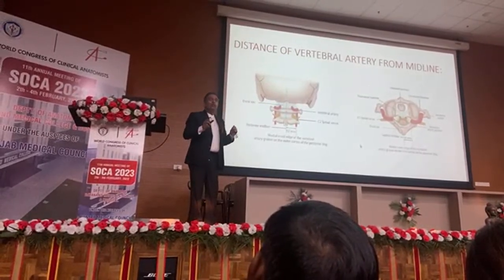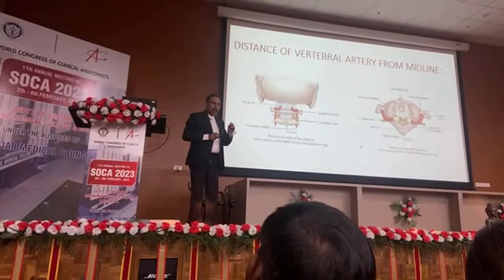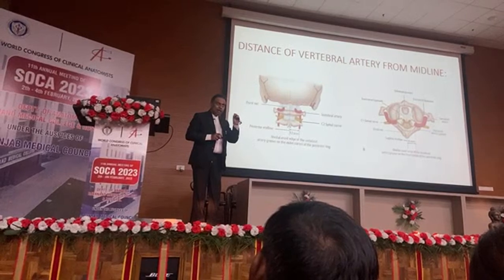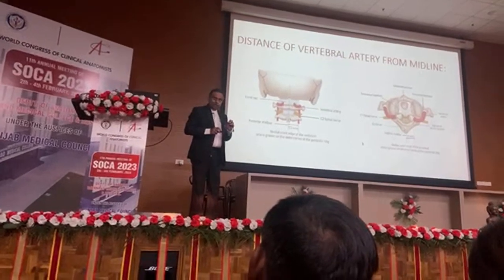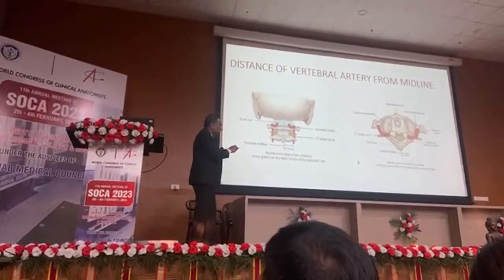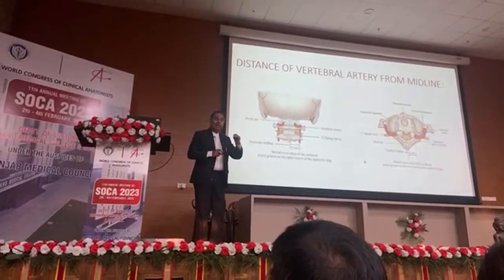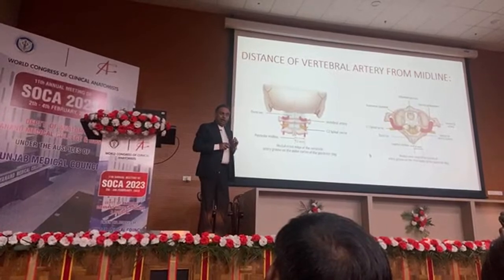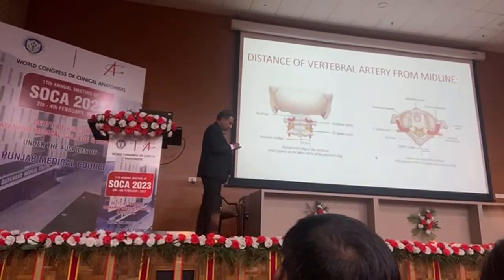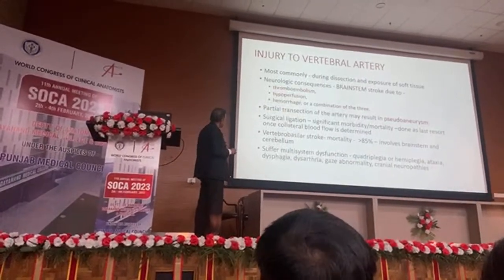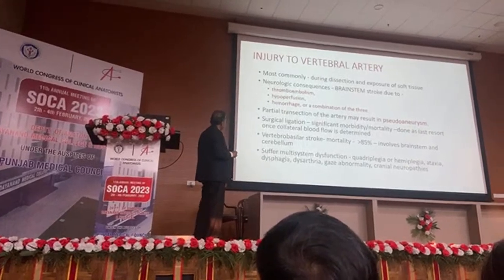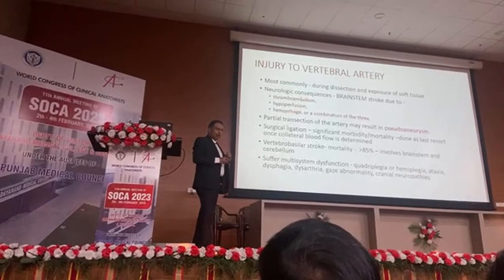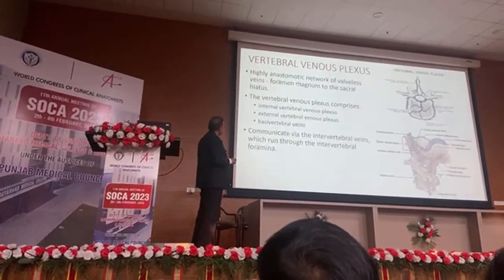So we have to be very careful while doing dissection. The surgeon must keep in mind that in this area I should not go beyond 8 millimeters on this side, otherwise we may injure the artery. There are so many complications if we injure the artery.